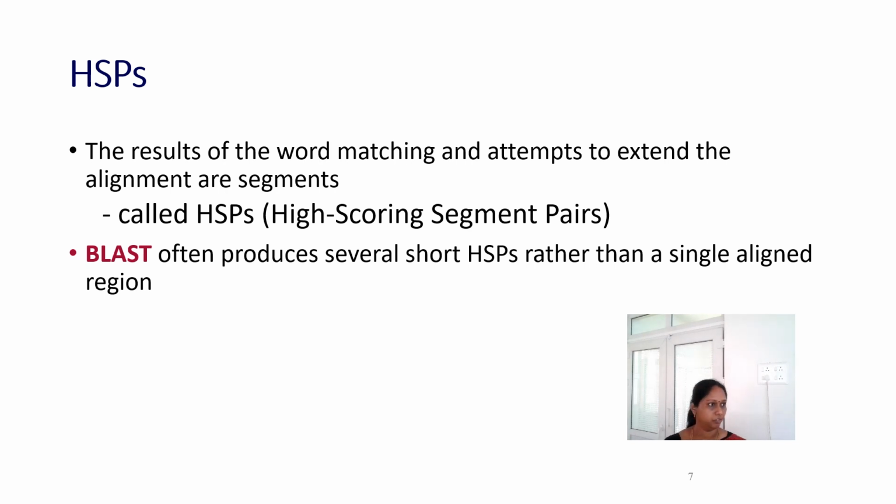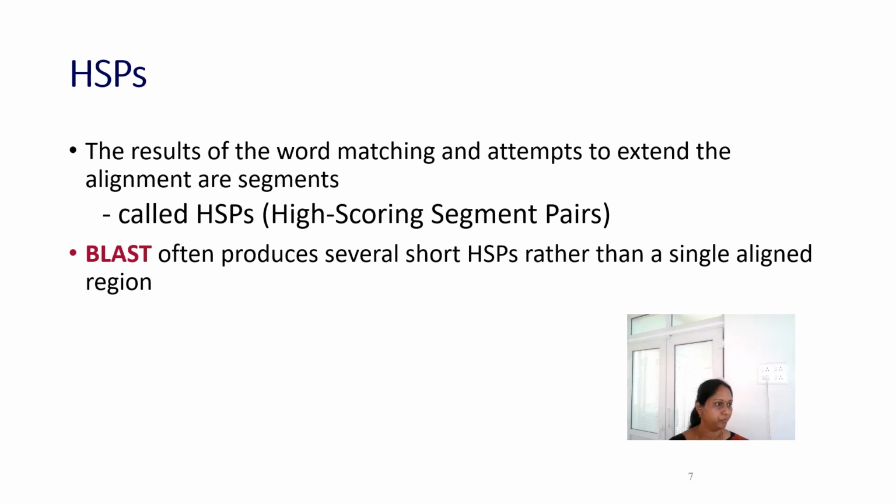You have different segments in your BLAST alignment which tell you where it is similar, where it is dissimilar, where there is mismatch. In a high scoring segment pair, you will have a good number of matches, so that region will have the highest score because the matches are higher. Those regions are called high scoring segment pairs or high scoring pairs.